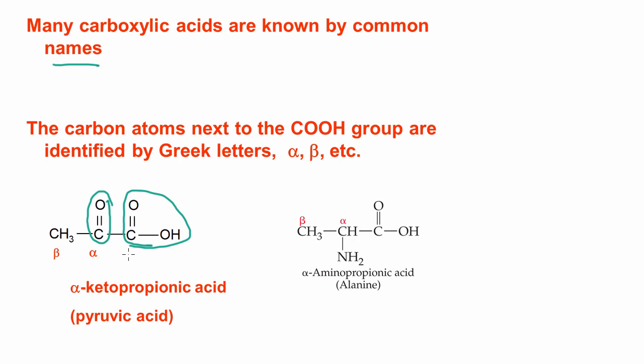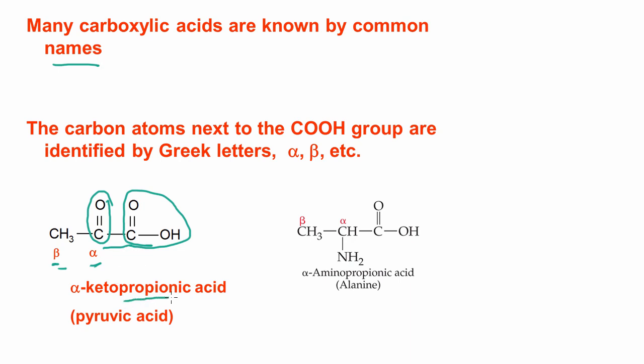And what we do is we label the carbons as alpha and beta. So the carbon adjacent to the carboxyl carbon is the alpha, and then the second carbon here is the beta carbon.